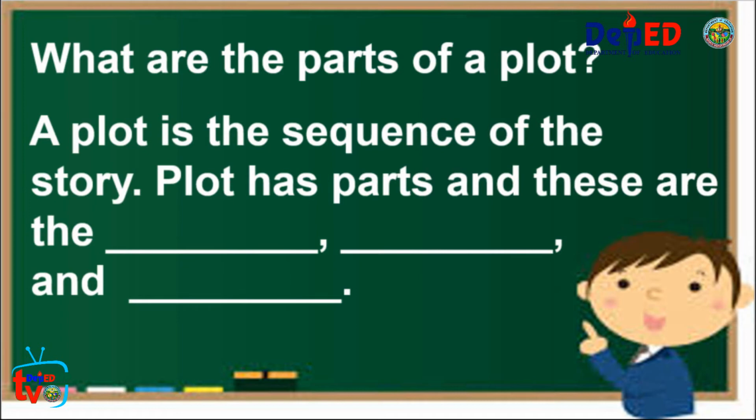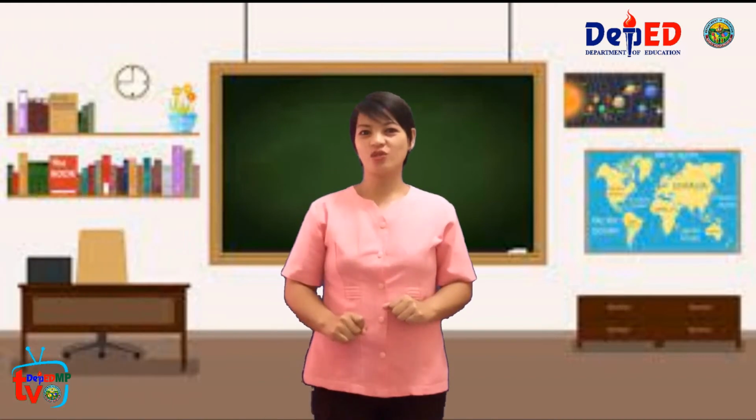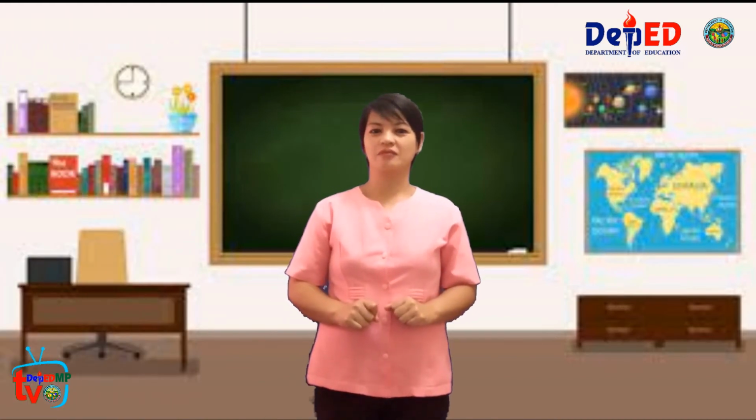A plot is the sequence of the story. Plot has three parts and these are the, right, beginning, middle, and right again, the ending. Good job! I think you're ready to analyze more stories.